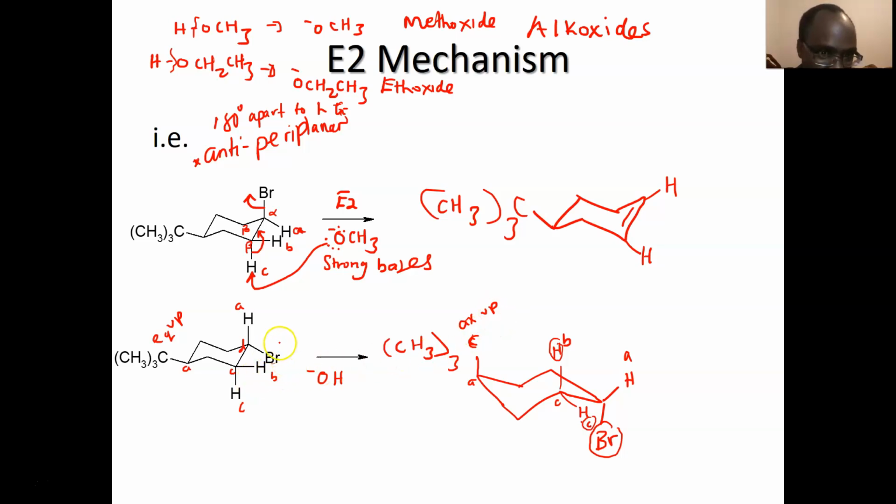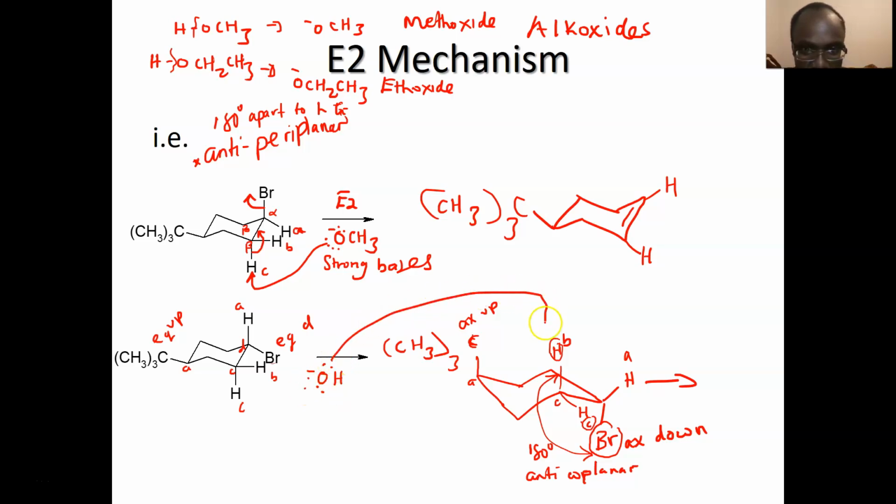Then the Br here is equatorial down, so it's gonna end up axial down. So the equatorial and axial are switched, but the up and down stay the same. So now you have the beta hydrogen and the leaving group 180 degrees apart, and that's anti-coplanar. Only then will the base come to take out the relevant hydrogen.